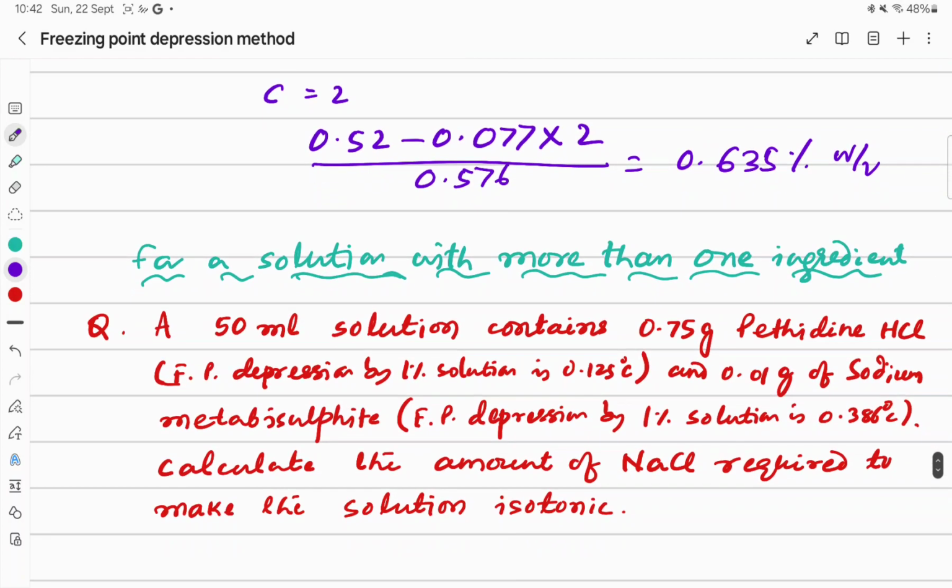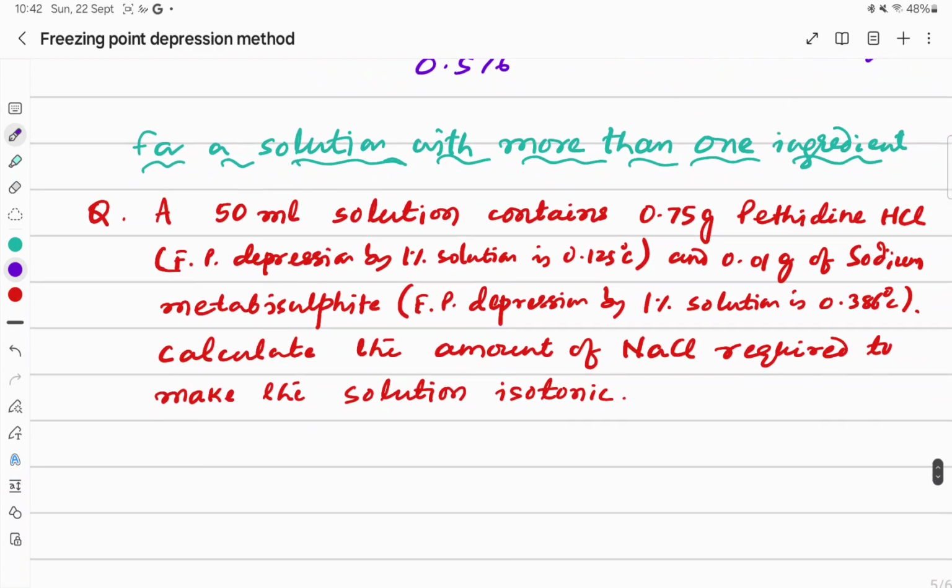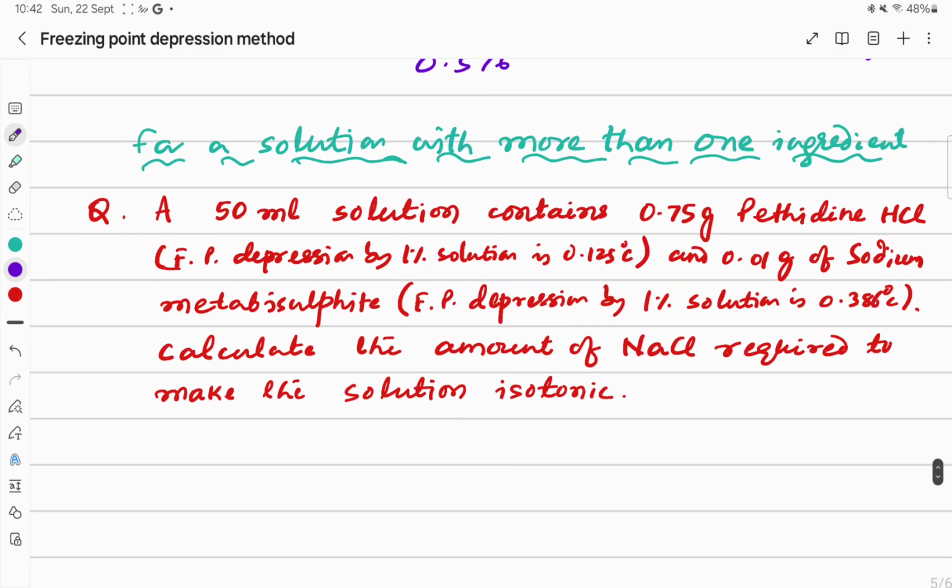Suppose a solution is having more than one ingredient. So far we have discussed only one ingredient. So if it has more than one ingredient, suppose for this example, pethidine hydrochloride as well as sodium metabisulfite, two ingredients are there, and here the percentage is not given, a 50 ml solution is there. So in 50 ml 0.75 gram.